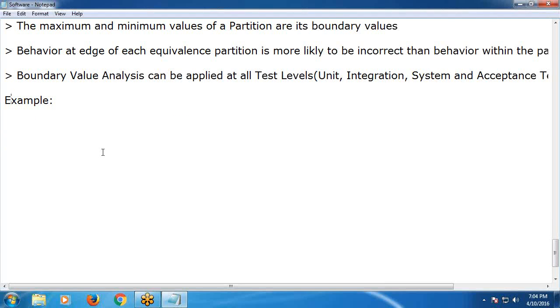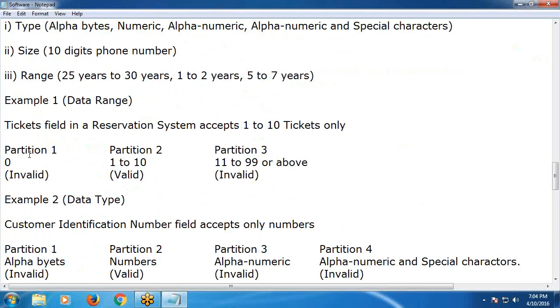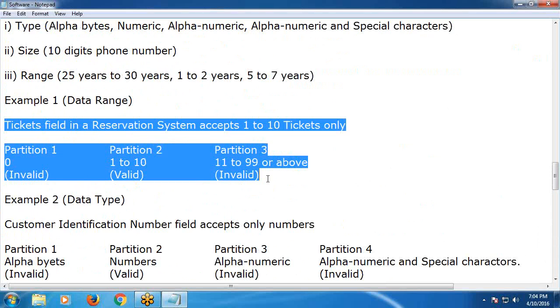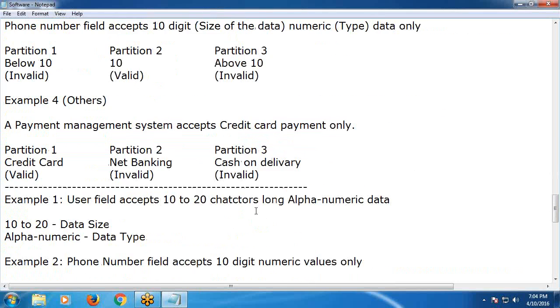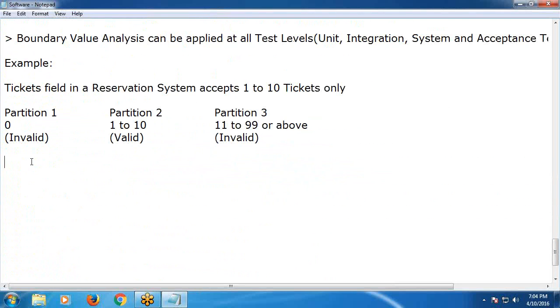Take the first example of equivalence partition. For that, write minimum and maximum values, Sri Lakshmi.